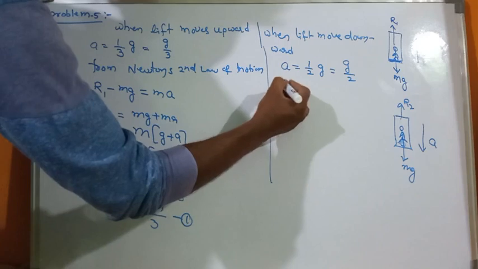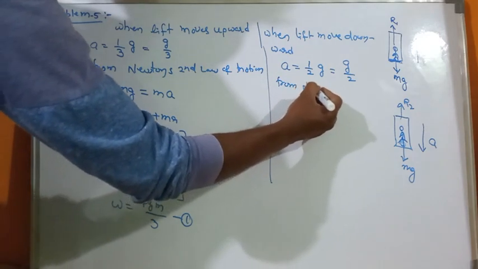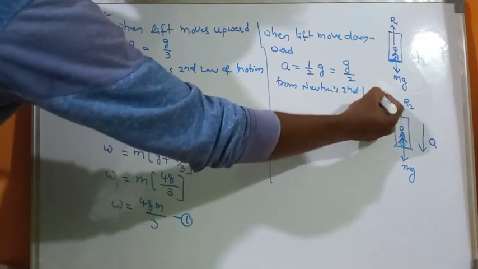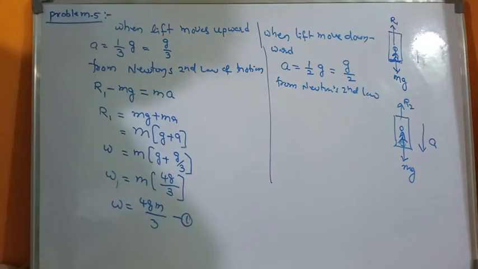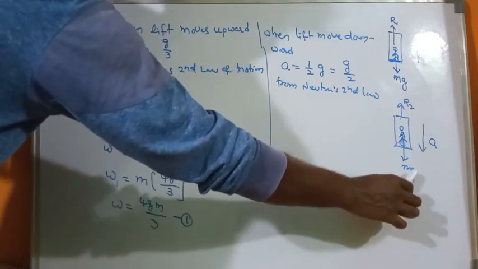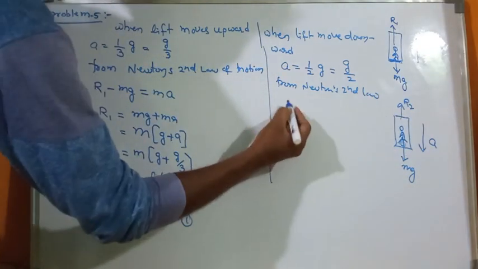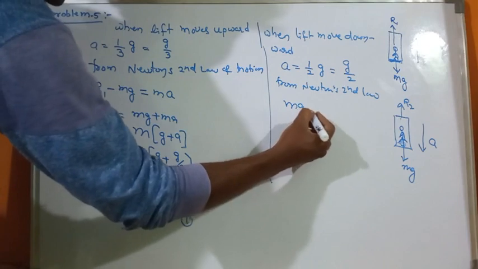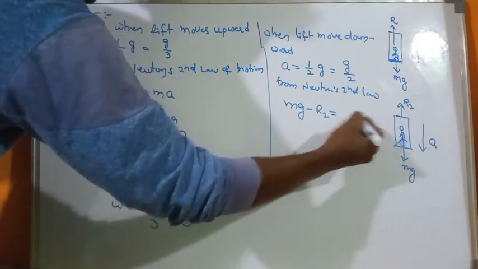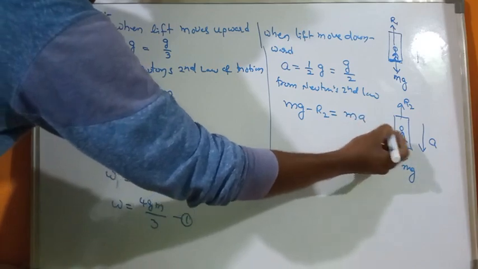From the same Newton's second law of motion, what is the resultant force here? The lift is moving downward, which means mg is greater than R2. So mg minus R2 is equal to the resultant, that is mass into acceleration.